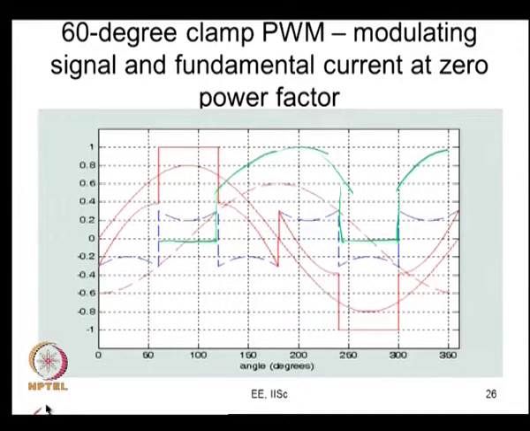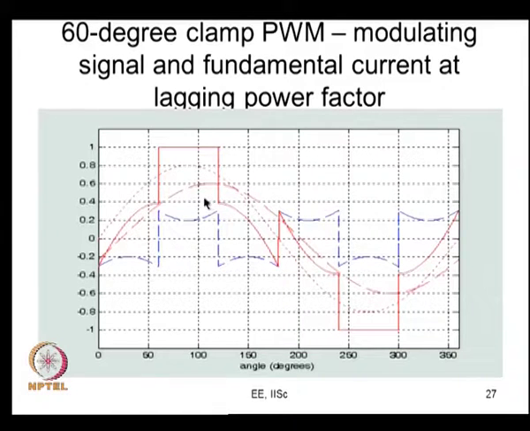On the other hand, let us say you go to some other power factor. It is a lagging power factor, it is actually 15 degrees, but it is not too very lagging, it is certainly not 90 degrees. So, now what happens? You are once again clamping. So, when you are clamping, this is 0.